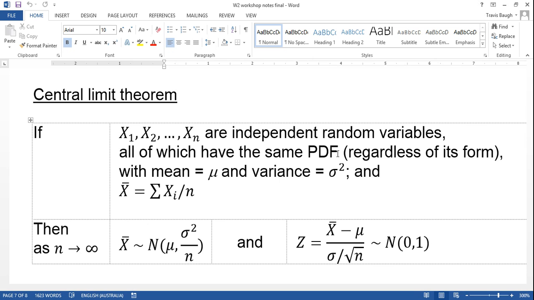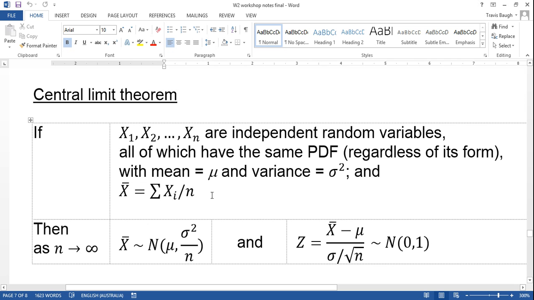My probability density function, if you like, was those blue dots, and I drew 5 independent values out of that distribution, and I knew what the mean of the population was, and I could easily have calculated its variance. And we repeatedly calculate the sample mean for those n values.